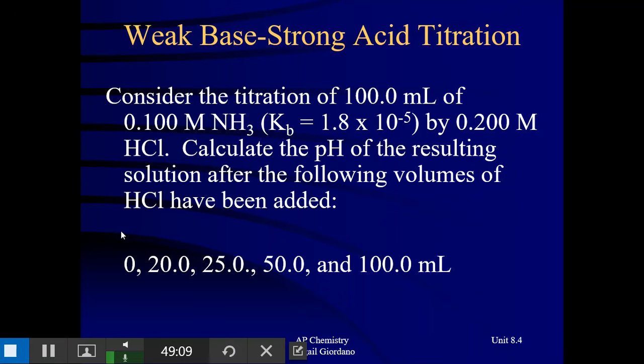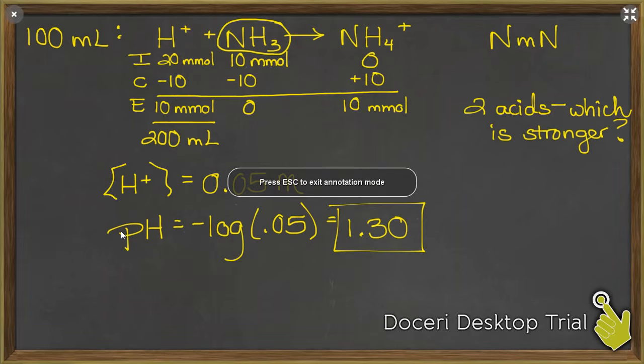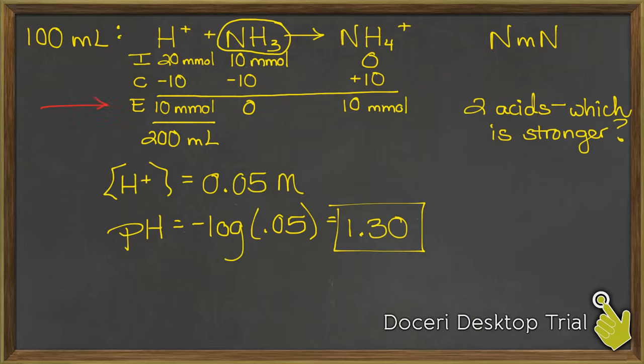Okay, last part. When we add 100 milliliters of strong acid, this time with the way the numbers shake out, the weak base ends up being the limiting reactant. And so what I am left with at the end of this Newman ice table at this level is 2 acids.